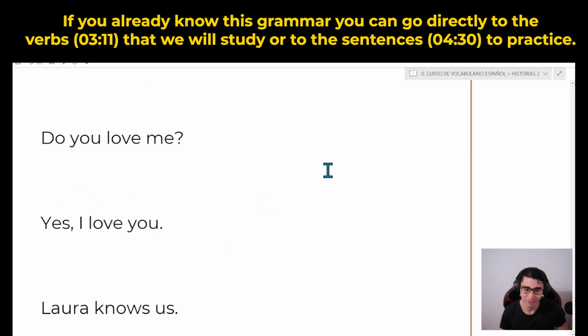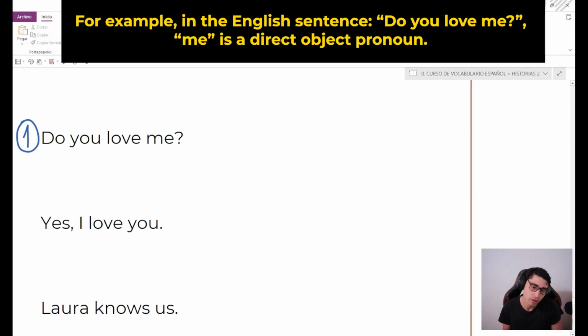So let's start with the sentences now. You already know the translation, the pronombres objetos directos. So let's start. Número uno. Okay, this is a question. So in Spanish, we don't say "do." Okay, this is just English grammar. So it's going to be tú, the normal pronoun you already know.